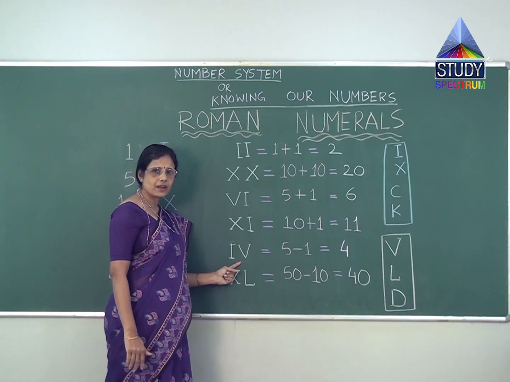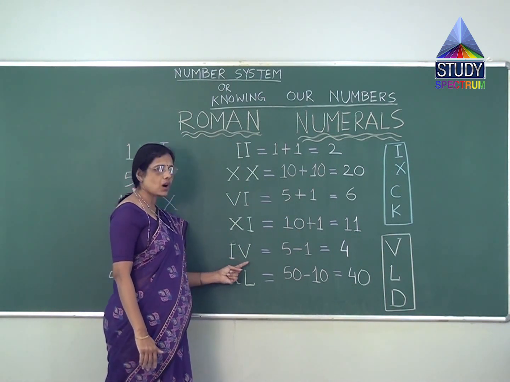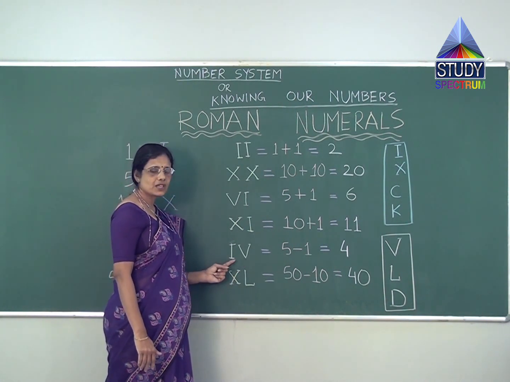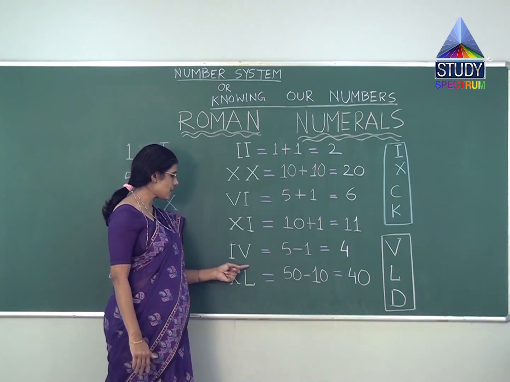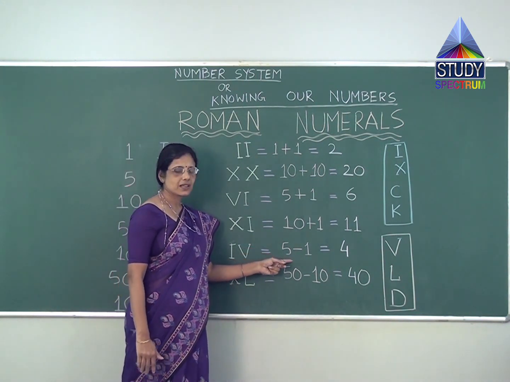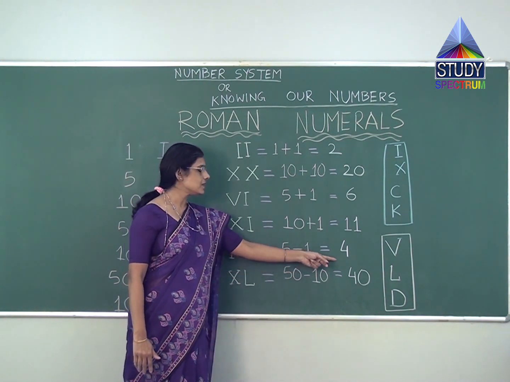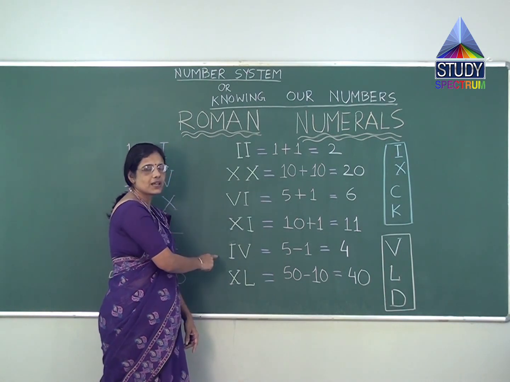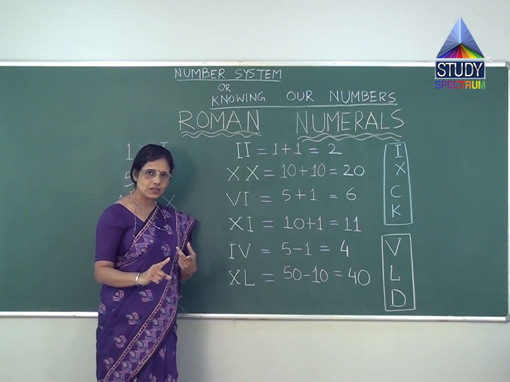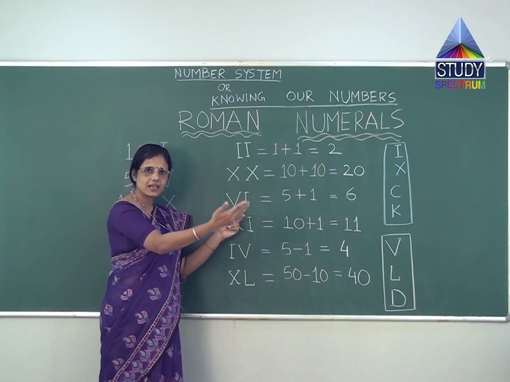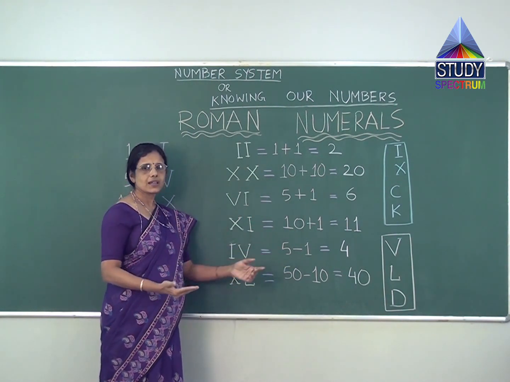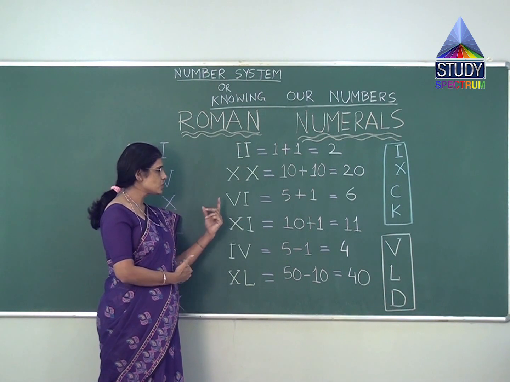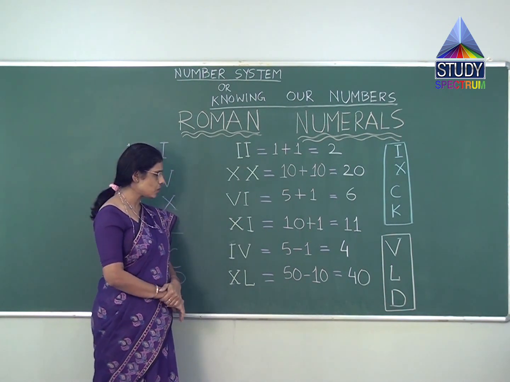If the smaller value is written to the left side of the bigger one, I has been written left side of the V, I is 1, V is 5, in that case we have to subtract. Means 5 minus 1 will give you 4. So these are the differences of 6 and 4. For 6 we have to add 5 plus 1, so remember, I should be right side of the V, whereas for 4 it comes V minus 1, so I will be left side of the V. So see the difference between 6 and 4.